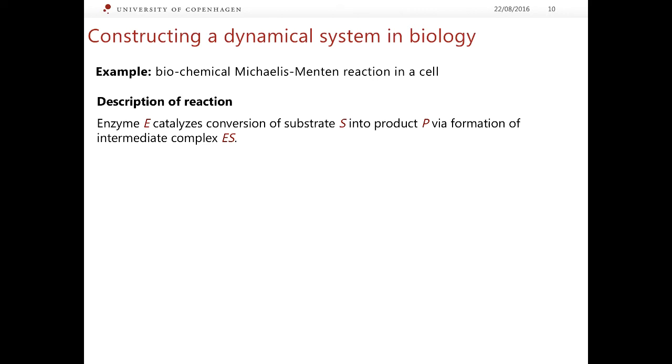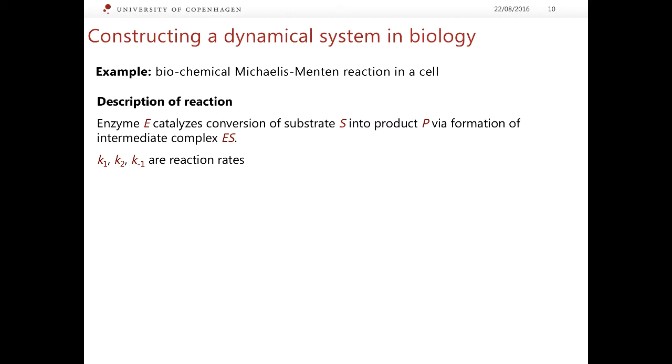It is the substrate S, which is being converted into some product P, and at the intermediate stage there will be some complex called ES. And the whole reaction takes place in the presence of a certain enzyme E, which catalyzes this reaction.